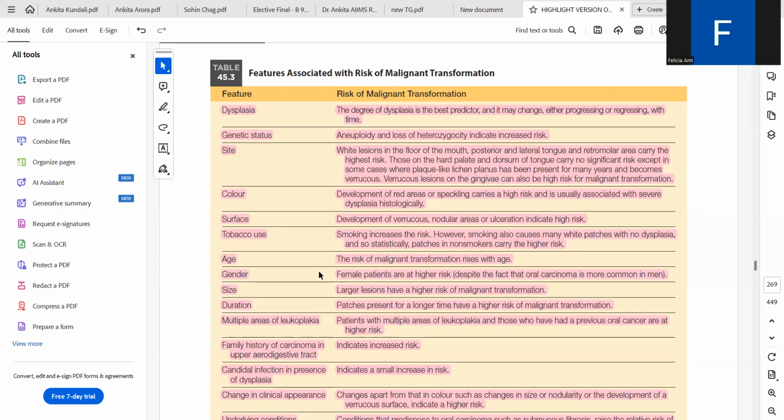Then we have age. The risk of malignant transformation rises with age. Gender: female patients are at a higher risk, despite the fact that oral carcinoma is more common in men. Then size: larger lesions have a higher risk of malignant transformation. Duration: patches present for a longer time have a higher risk of malignant transformation.